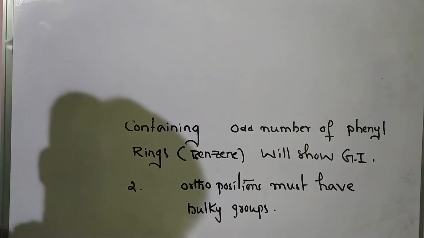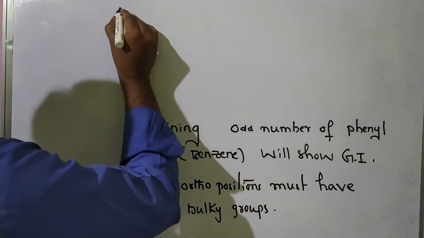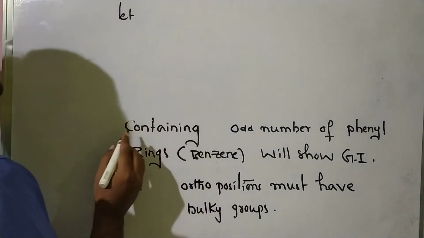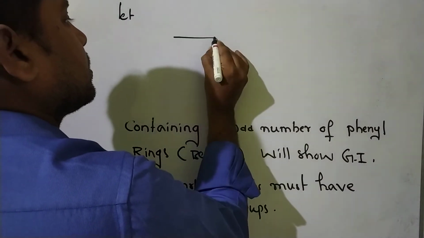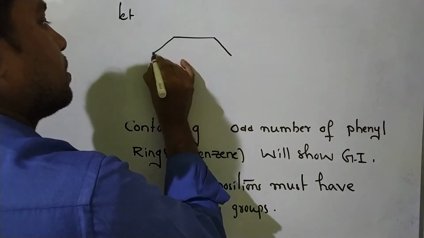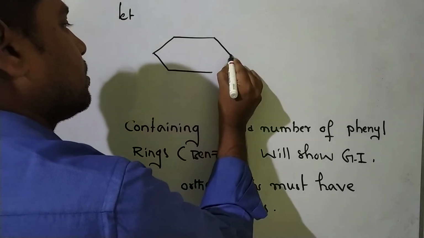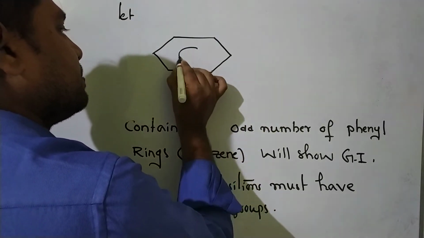Okay students, so let us take biphenyl. So this is benzene ring.